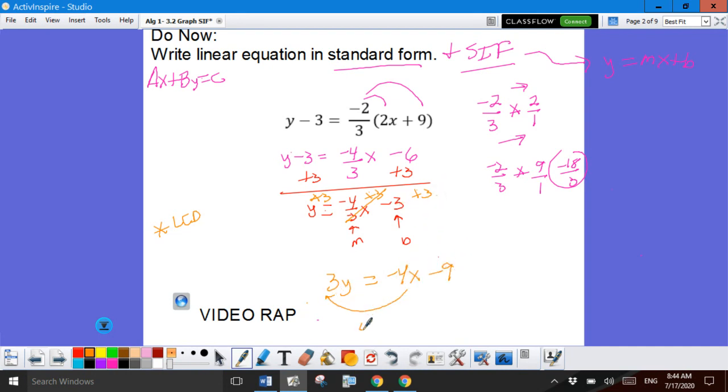Moving my negative 4x, I have 4x plus 3y equals a negative 9. So now I have slope-intercept form, that was y equals negative 4/3 x minus 3, and I have standard form, which is 4x plus 3y equals negative 9. Both of those are useful as we are looking at linears.